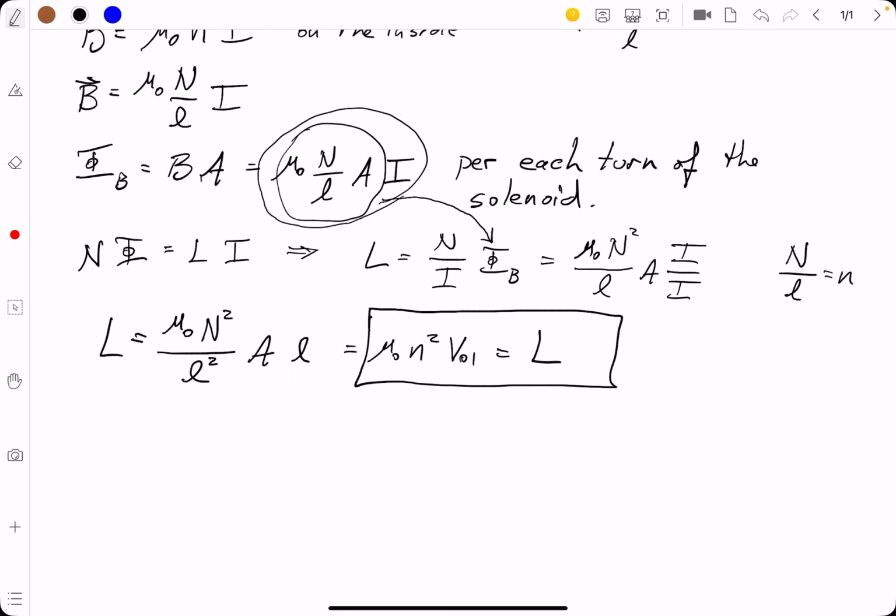To get the volume, you just need the length and your area, the number of turns per unit length, and of course, everyone knows mu naught. It's a purely physical thing. This L is purely geometry-based.